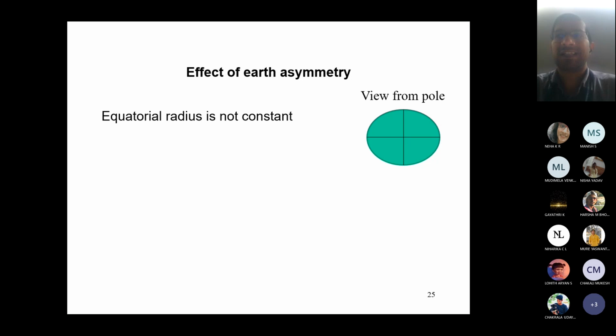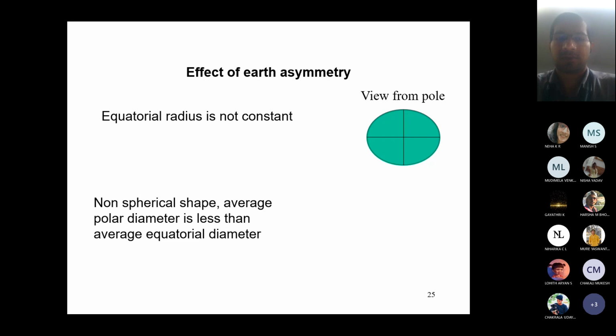If you see the Earth, it's not a completely perfect sphere. That means the equatorial radius is not constant. On average, the polar diameter or the polar radius is less in comparison to the equatorial diameter or equatorial radius.